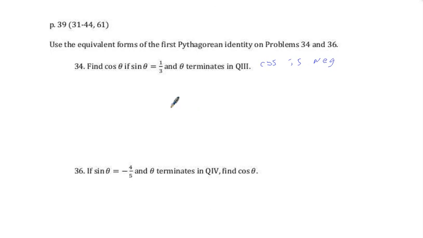Now, they give us sine, and we know with that Pythagorean identity that cosine theta is going to equal plus or minus the square root of 1 minus sine squared theta.